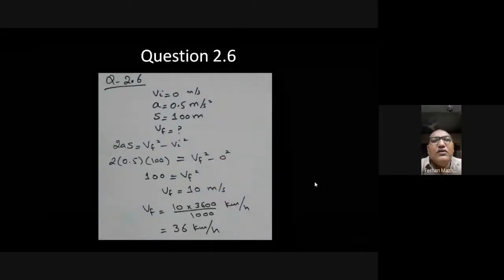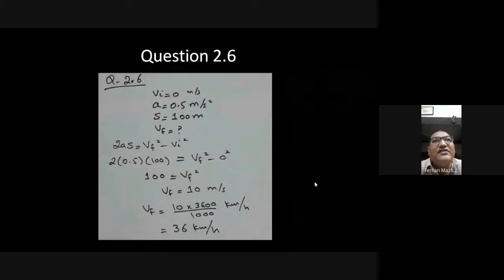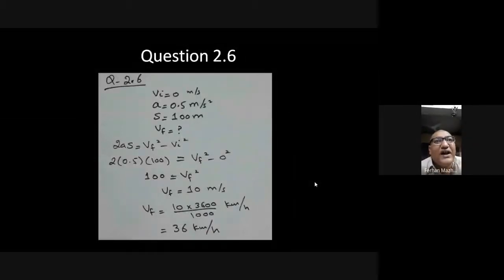The value of the acceleration is 0.5 and the s value is 100, so 2 multiplied by 0.5 multiplied by 100 equals vf square minus 0 square. That gives you 100 equals vf square.